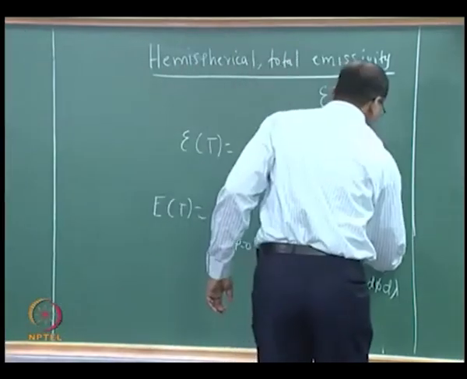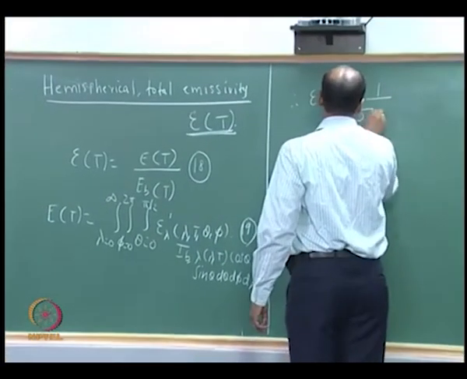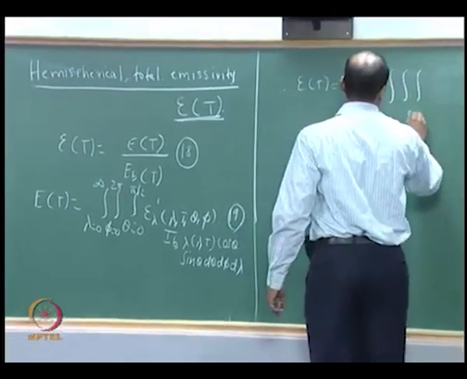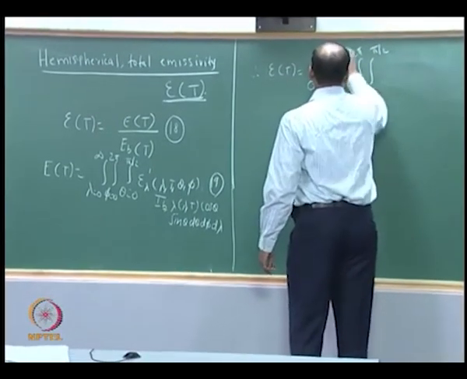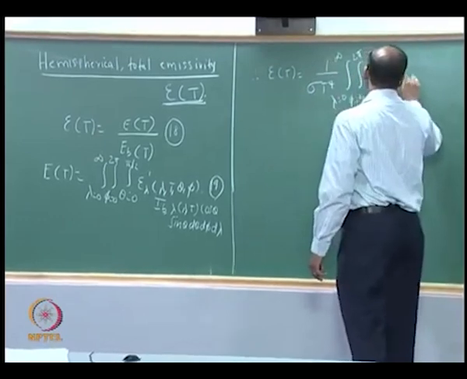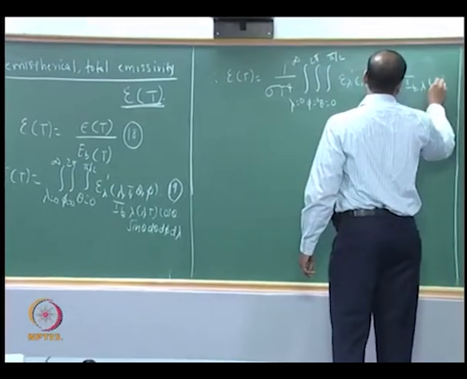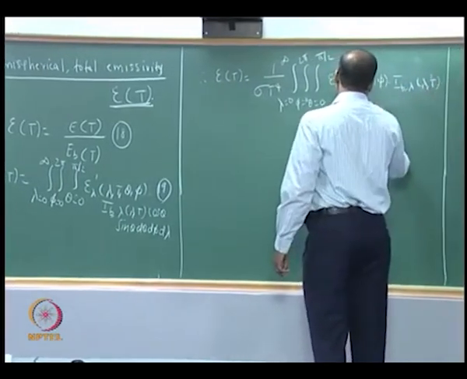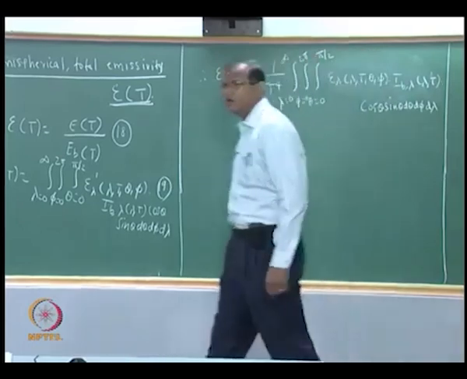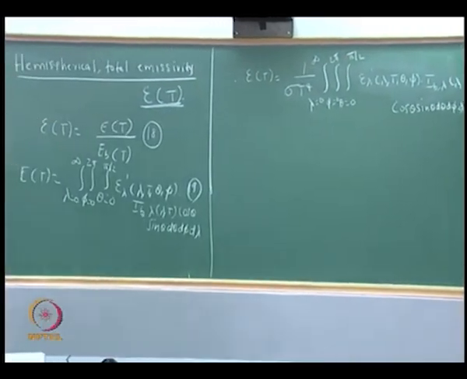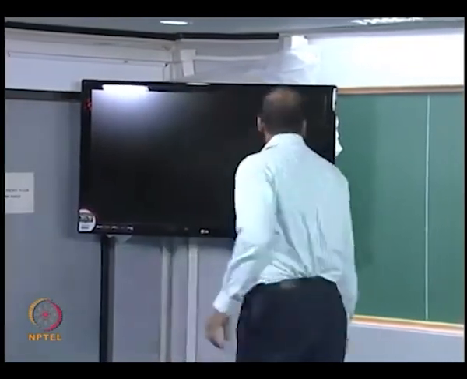Therefore, okay, because the denominator is 1 by sigma T to the power of 4. Okay. Now this is equation number 20.